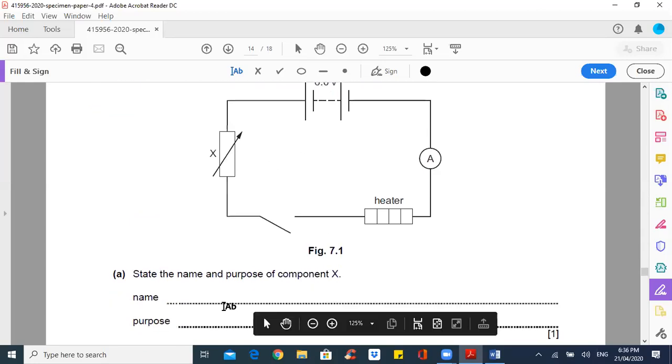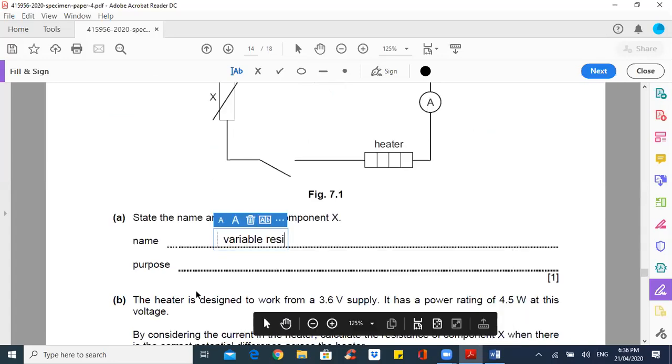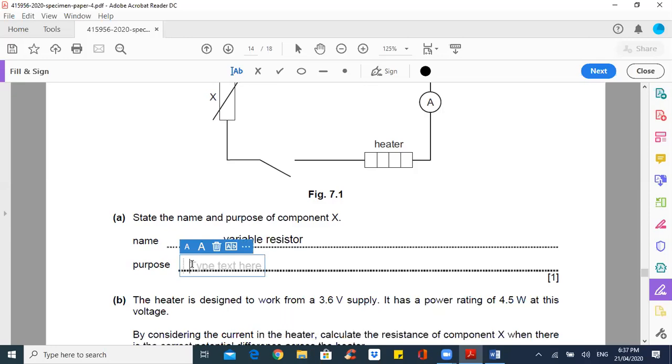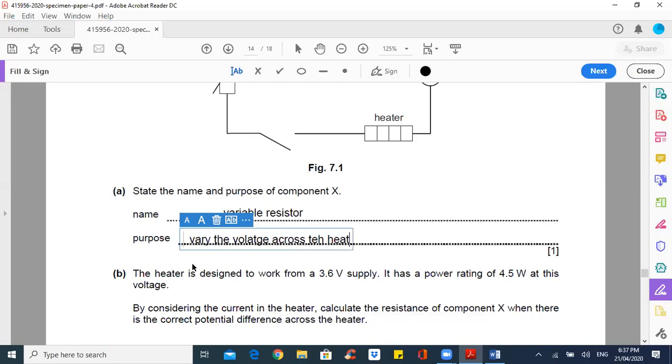X is a variable resistor, and the purpose of it is to vary the voltage across the heater.